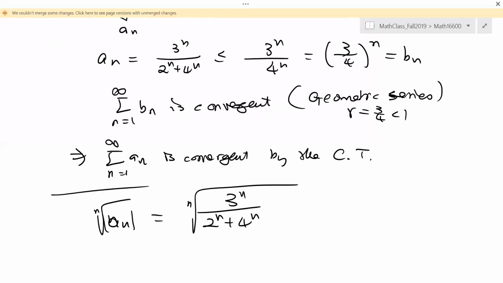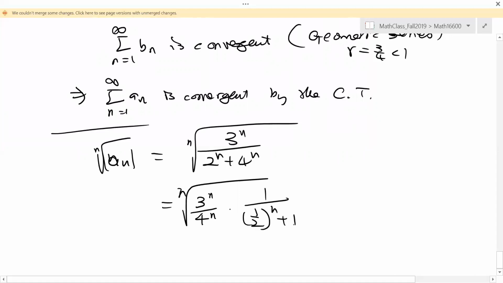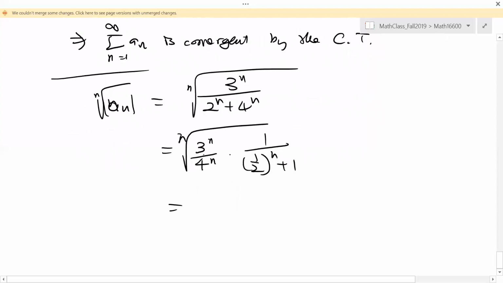Okay, so I'm going to do this, right? Watch out. I take 3^n out, I take 4^n out. What is left here is going to be 1/2. Can you see that? I take 4^n out, then this disappears, so this is going to be 3/4.